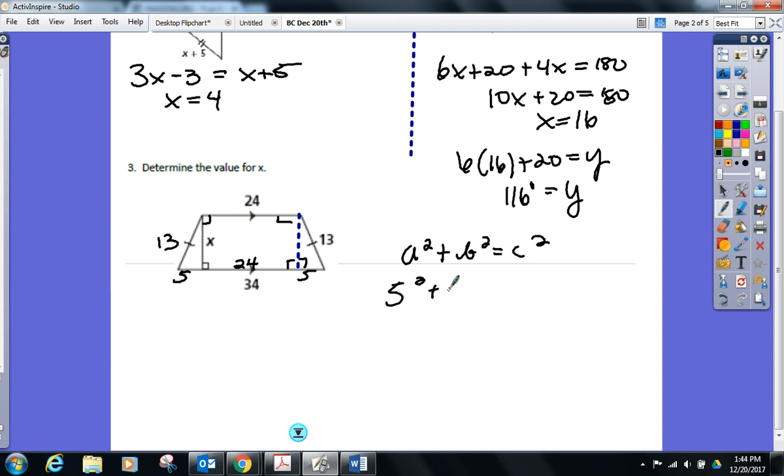5 squared plus, what's my b value here? x or the 13? Which one is it? x or the 13? What's the other leg? x. And the hypotenuse? 13 squared. Yep. So go ahead. I'll give you a second. It should come out to be an integer.